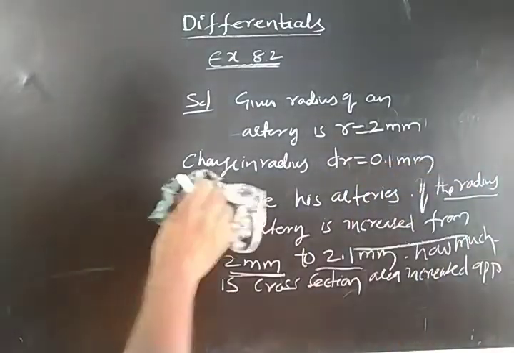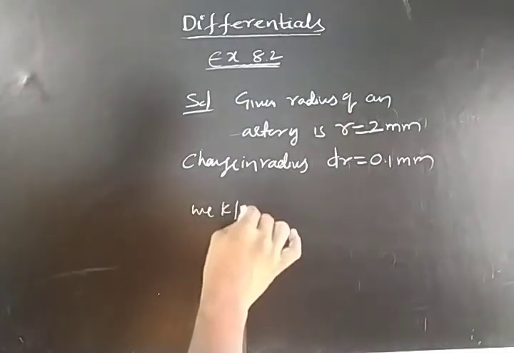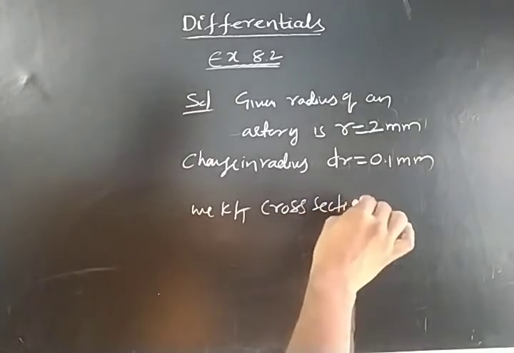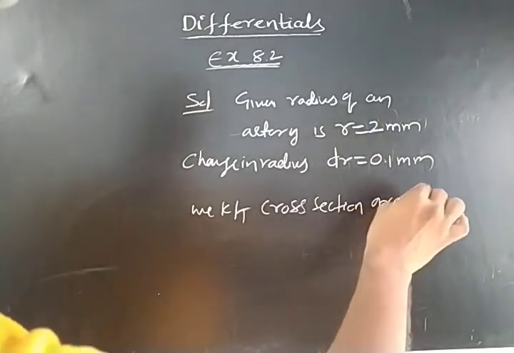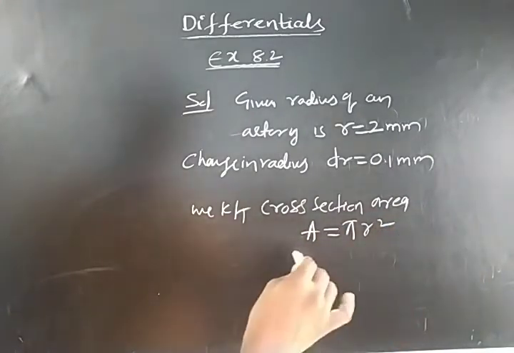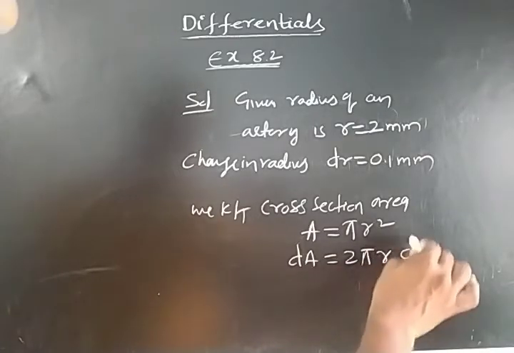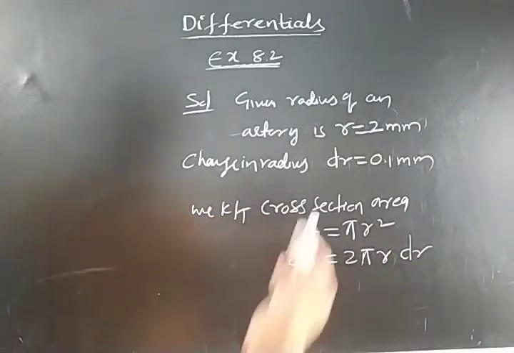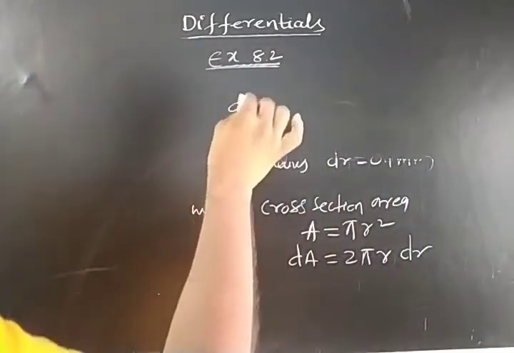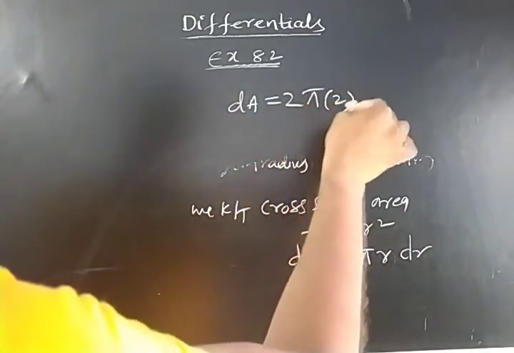Now we know that the cross section area A equals pi r square. Now differentiating on both sides, dA equals 2 pi r dr. Now I am substituting the r value and dr value here. dA equals 2 into pi into r value 2, dr value 0.1.